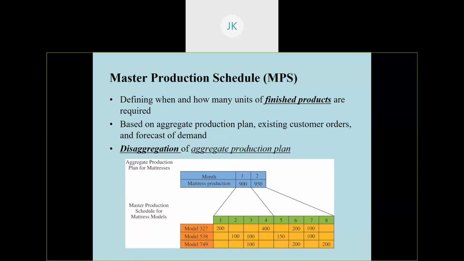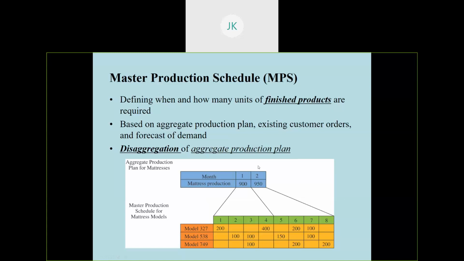The first required file for the MRP system is the Master Production Schedule, MPS. The MPS defines when and how many units of finished product. You know, the MRP system is based on dependent demand, parts and components, but in this MPS, the numbers are for finished product, not the parts.